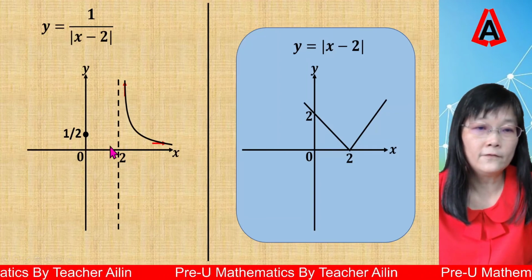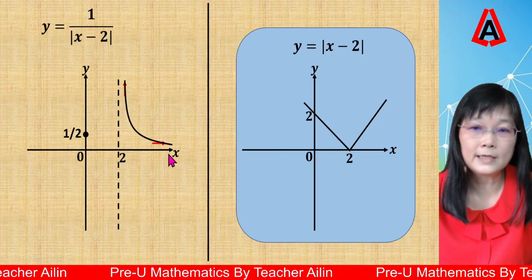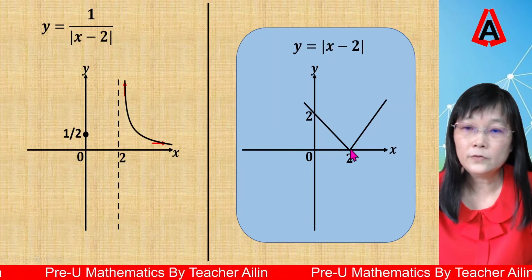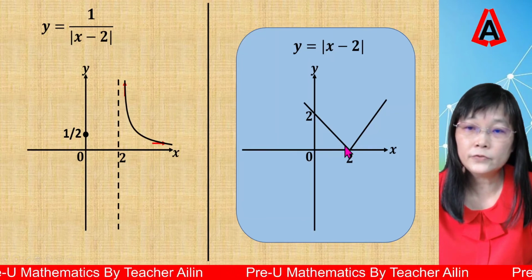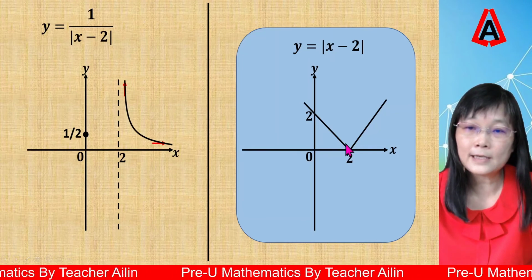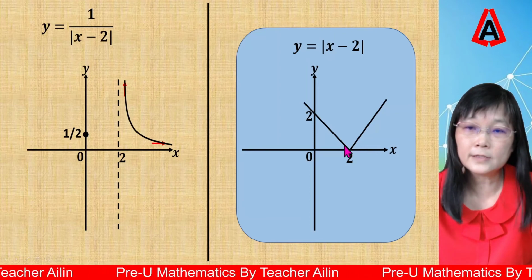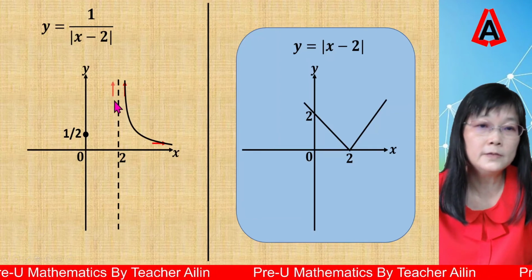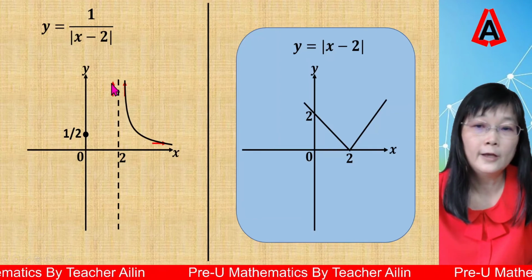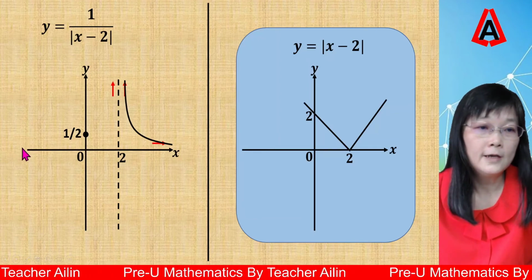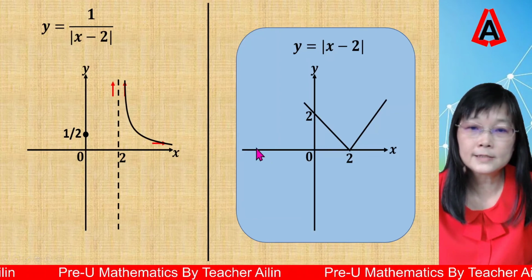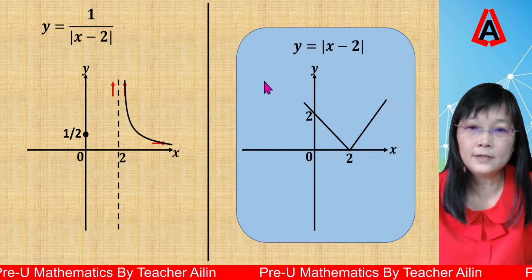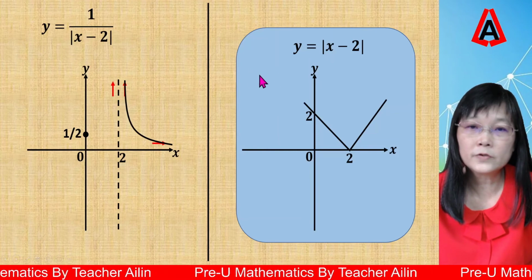Then next, for the values of x slightly less than 2, y is slightly greater than 0, that is 0 positive. 0 positive converted to the reciprocal becomes positive infinity. Then when x is negative infinity, y is positive infinity.